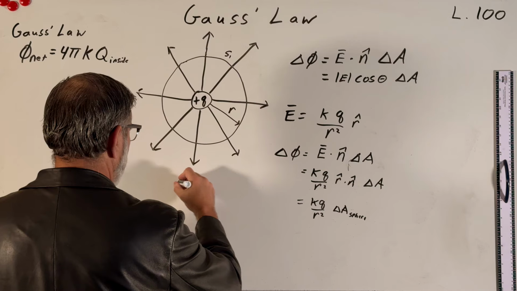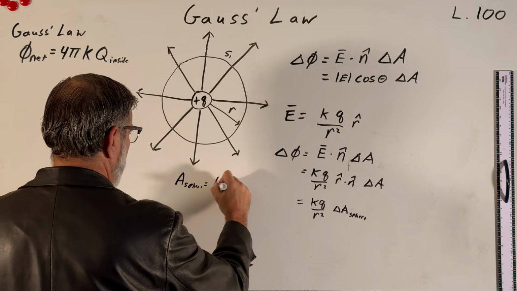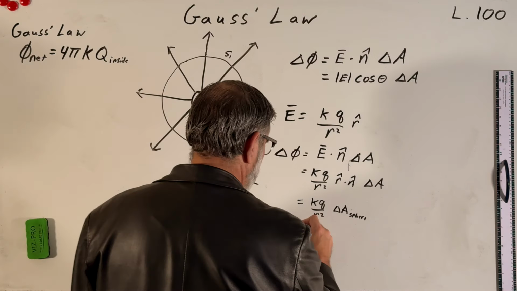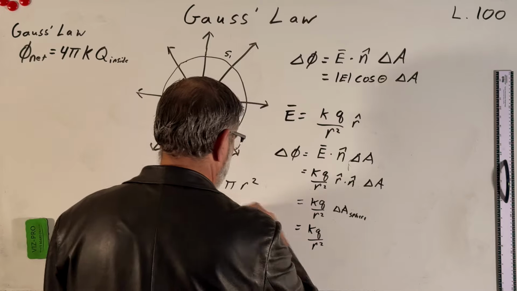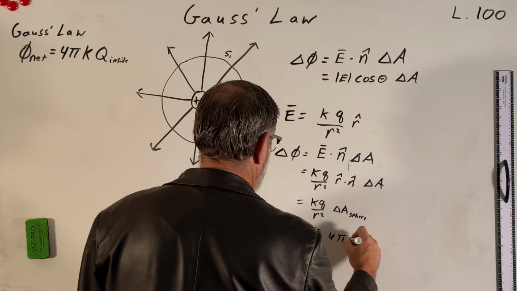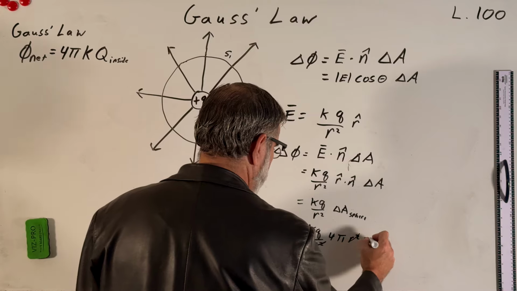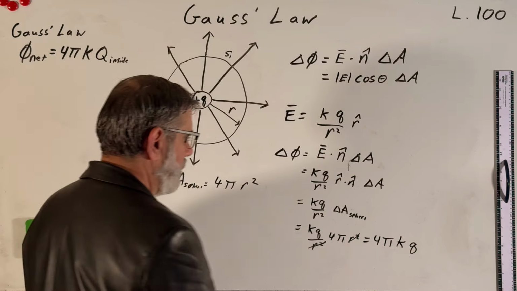And the surface area of a sphere is 4 pi R squared, okay? So if I substitute that in here, I get K, Q over R squared times 4 pi R squared. These two cancel. What am I left with? I'm left with 4 pi K times Q.